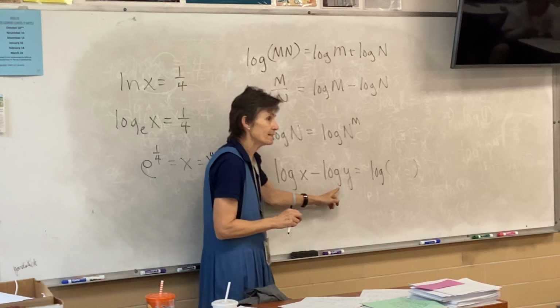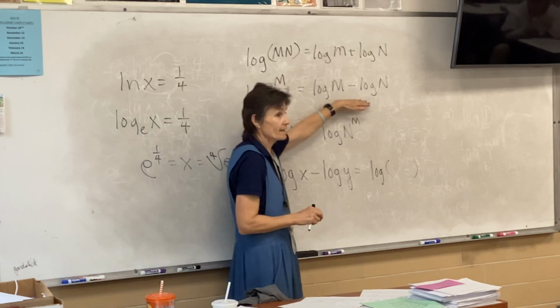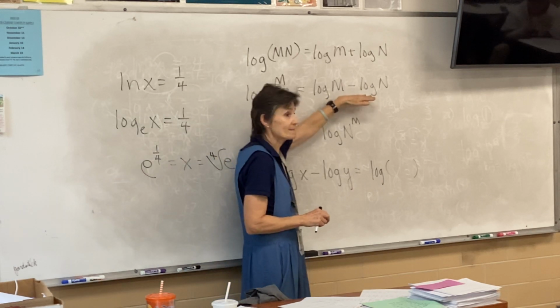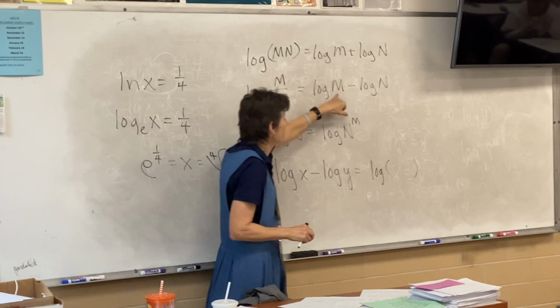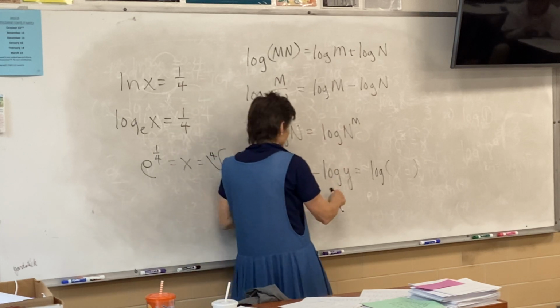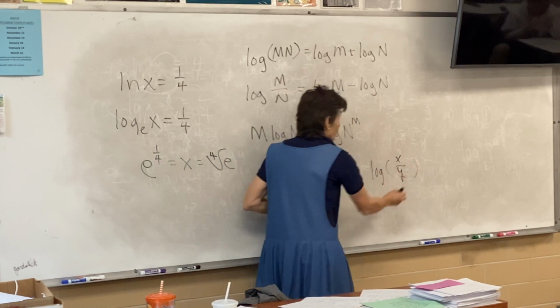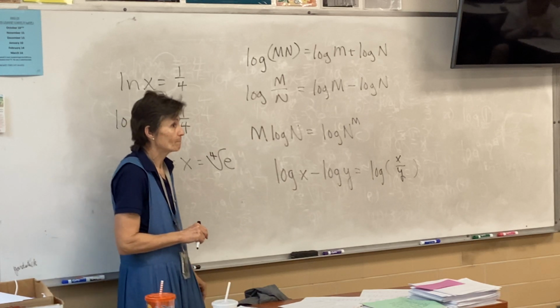What does this kind of look like? The middle one doesn't look like this right here? And what does that equal? That equals the log of m divided by n. So what is ours going to equal? X divided by y. Perfect. That's it. You've written it as 1 logarithm.